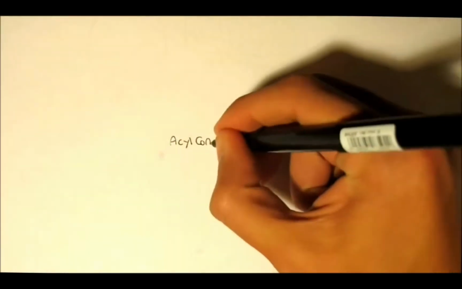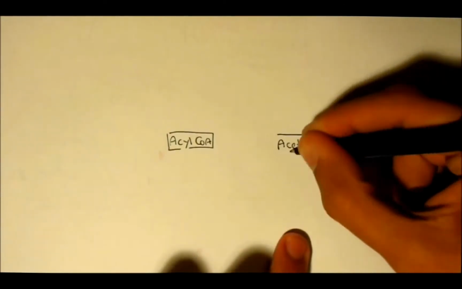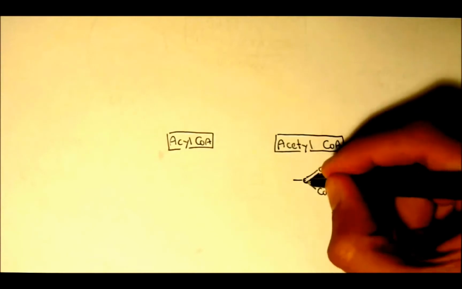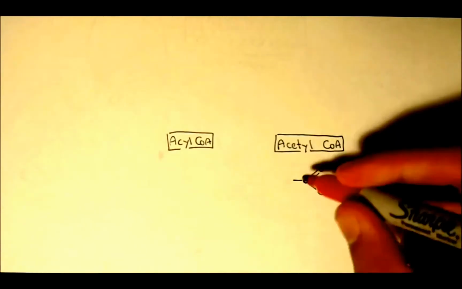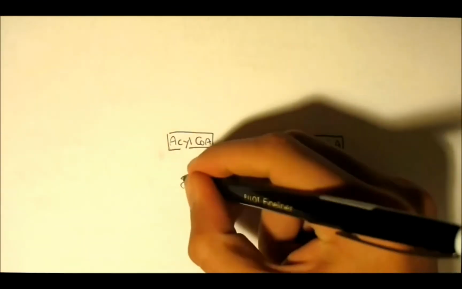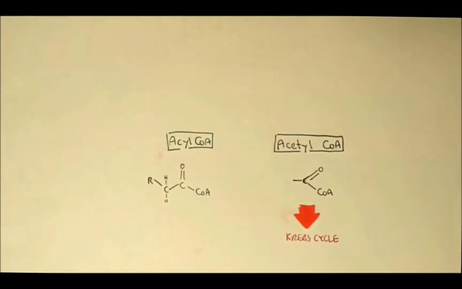So on a side note, let's remember what acyl CoA actually is. I used to get confused with acyl CoA and acetyl CoA. They are obviously different. Now acetyl CoA makes acyl CoA. Acetyl CoA was a product of pyruvate, remember, by the pyruvate dehydrogenase complex, and acetyl CoA is what enters the Krebs cycle. Acyl CoA looks like acetyl CoA but with a long hydrocarbon chain. That is why it is a fatty acid CoA.